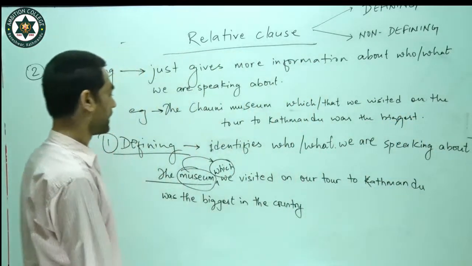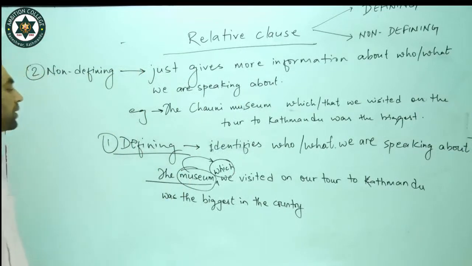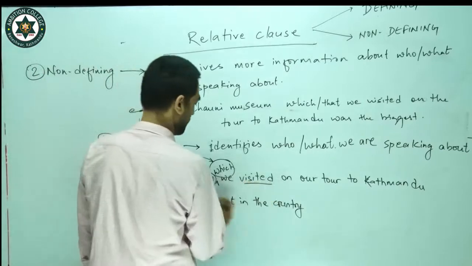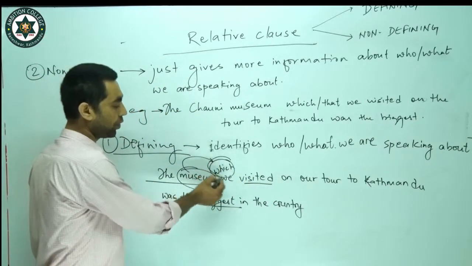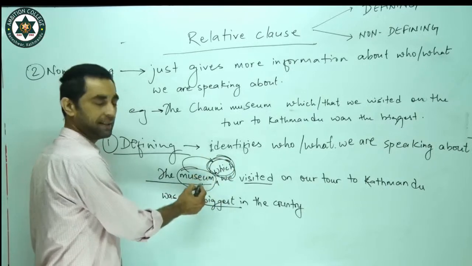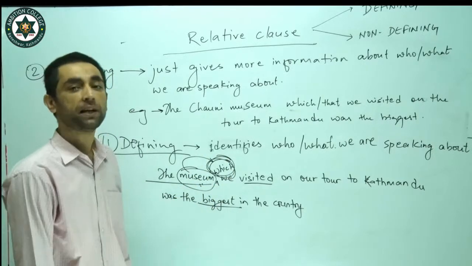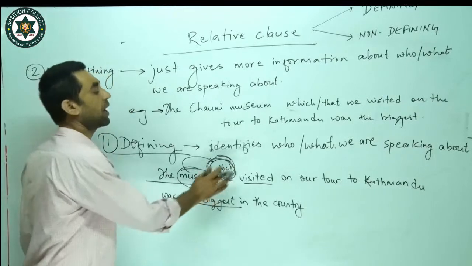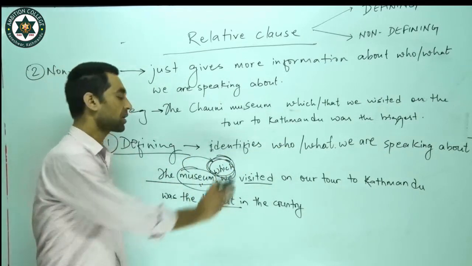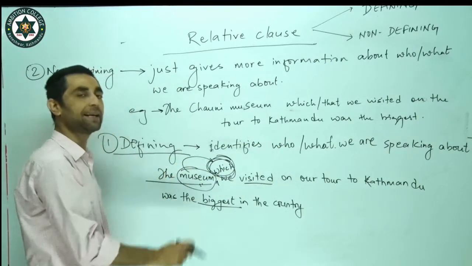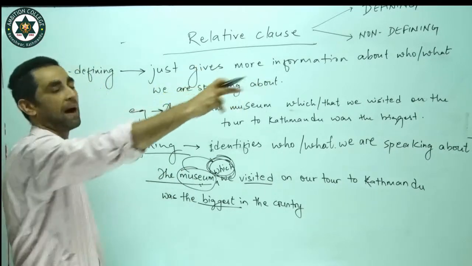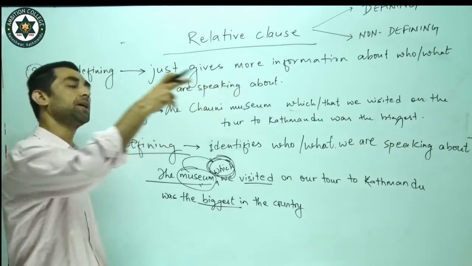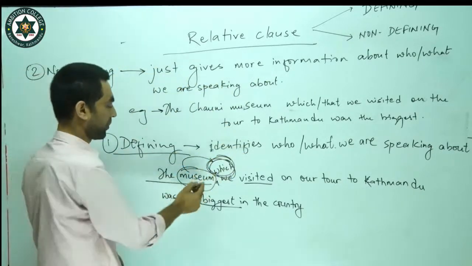Now here in the first sentence, if we say visited the biggest museum, definitely this is indicating which museum, that is this museum. It means here the part of this clause is directly in relation to the museum and directly talking about the museum, defining it, providing the essential information.